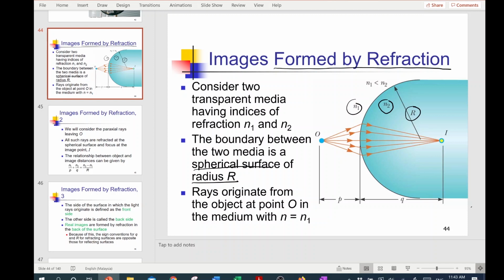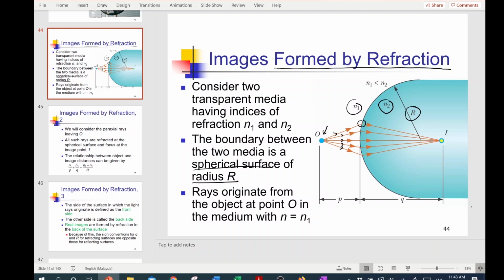If the object is at point O, the ray that originates from the object, when it falls onto the spherical surface here, according to the law of refraction, it will be refracted.